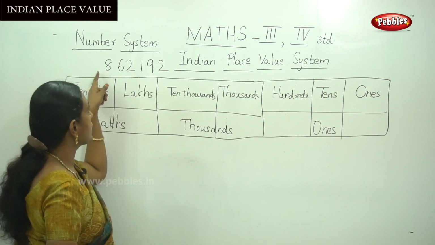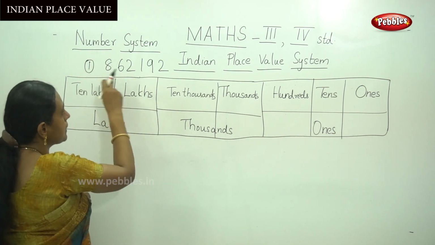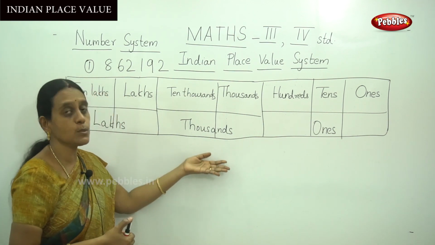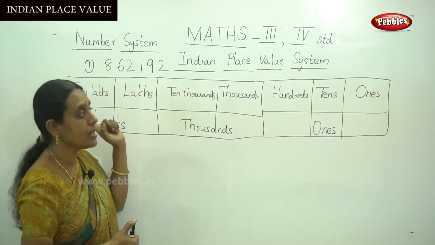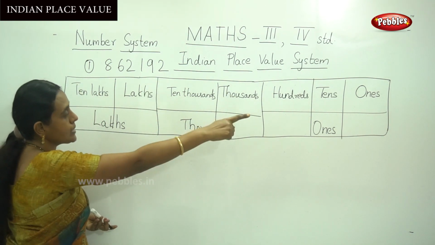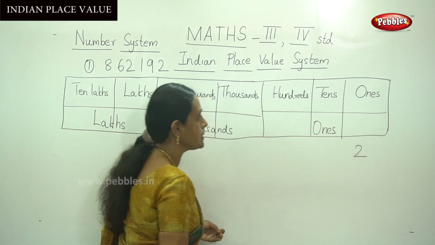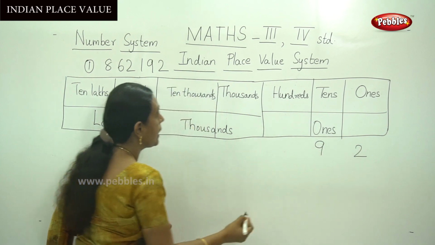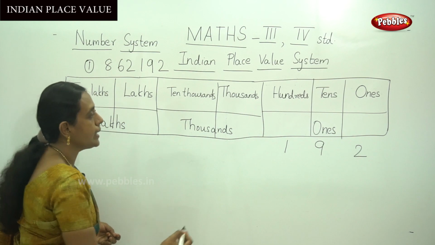Let me put this number on the Indian place value system table. We put first 2 in the ones place, 9 in the tens place, and 1 in the hundreds place.